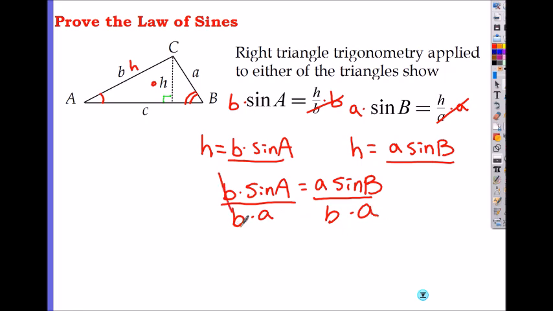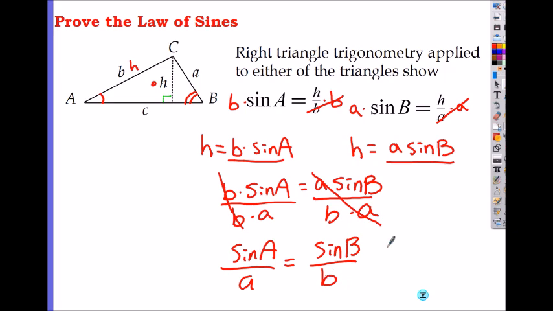When I divide by b, I'm left with sine of A over a equals, and here the a's are canceled out, so I'm left with sine of B over b, which is part of the law of sines, right?